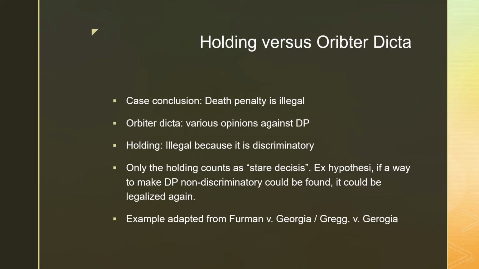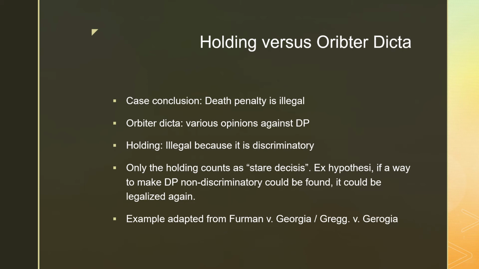And then how could the death penalty be reinstated in a future case? Well, what happened in a future case is roughly that the states that had a problem in the past with the death penalty introduced new procedural safeguards to ensure that there was no bias against certain minorities. And then when the new judges considered the case, they said, okay, the prior case outlawed the death penalty in general, but what is the holding? The holding is that they disallowed the death penalty insofar as it was discriminatory and biased towards a certain minority.